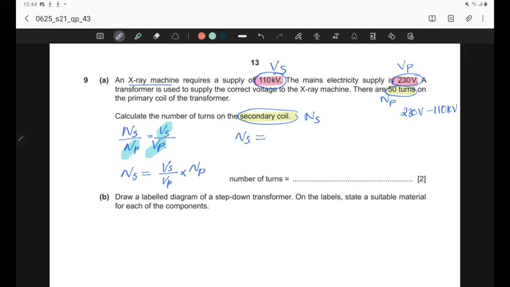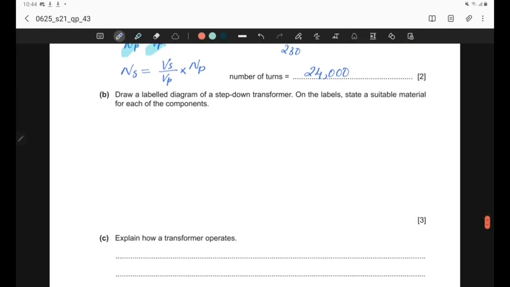Ns, the turns at secondary, is Vs, which is 110 kilovolt, kilo means 10 to the power 3, over Vp, which is 230, times Np, the number of turns in primary, which is 50. And the answer is 24,000. So the number of turns is 24,000. Since it is a number, there is no unit for it.